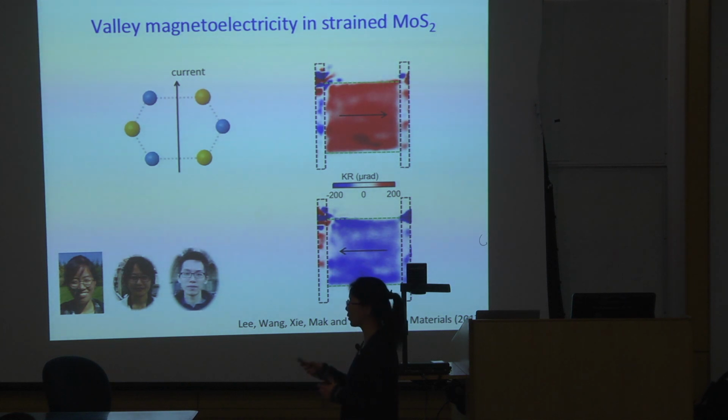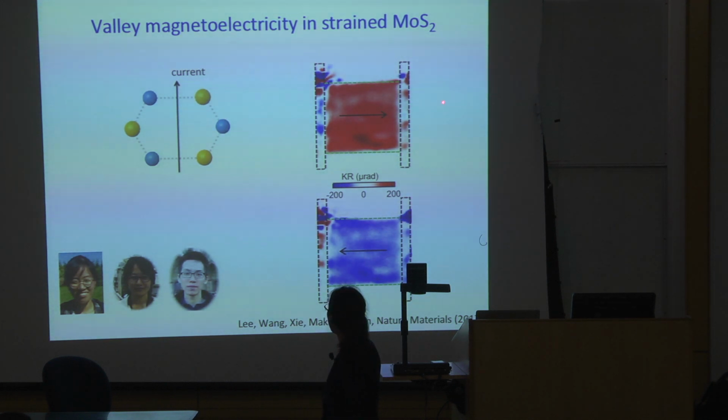And remember, what we are measuring is magnetization, right? So now we can run current this way, we magnetize the whole thing red, and we flip the current direction, we get flipped magnetization. So what's going on here?